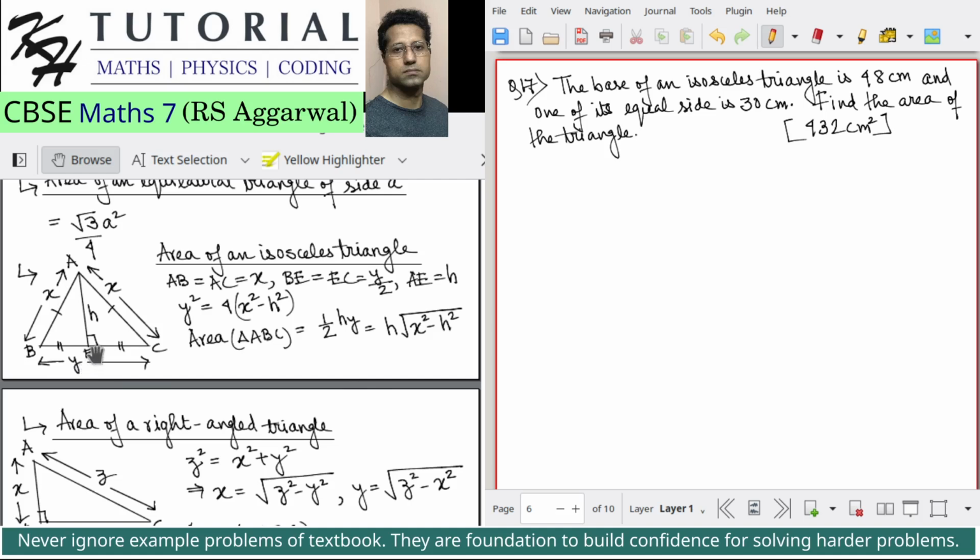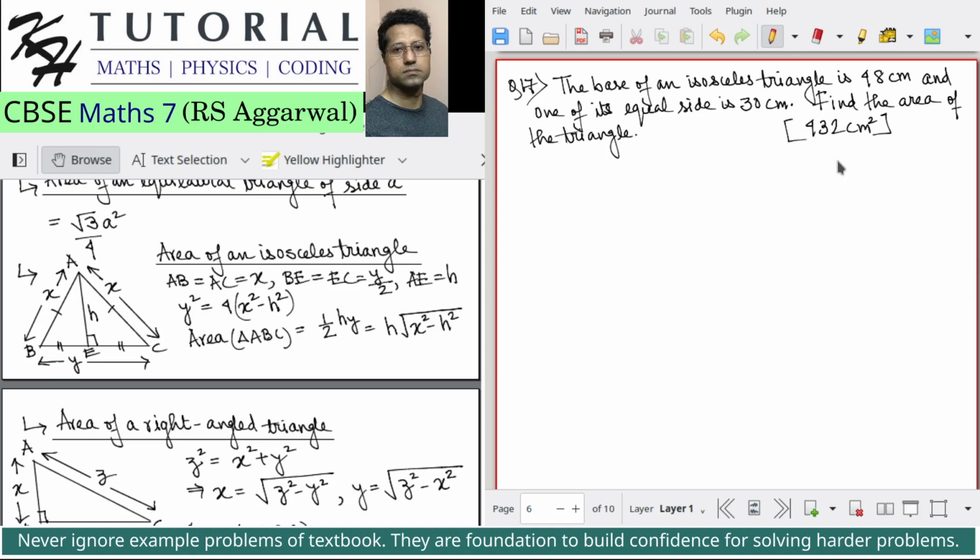On the left hand side in the quick notes I have referred to x as the length of each equal side of an isosceles triangle, h as the height, and y as the base. So we clearly see that the area of the triangle ABC is half hy. In the problem, x is given, and the base y is also given.